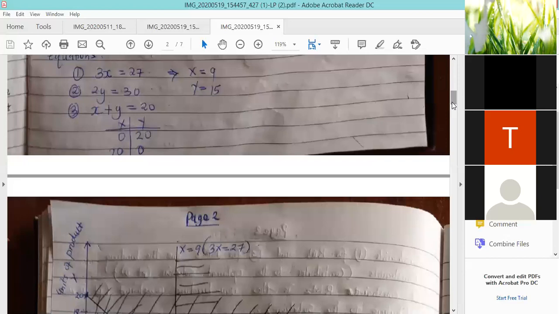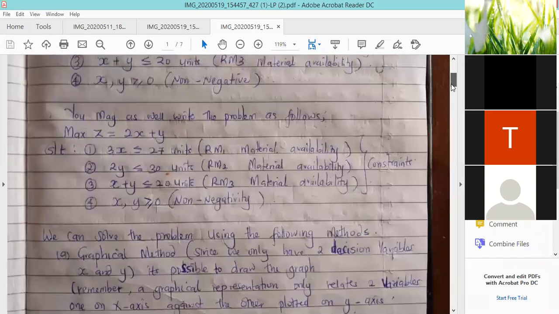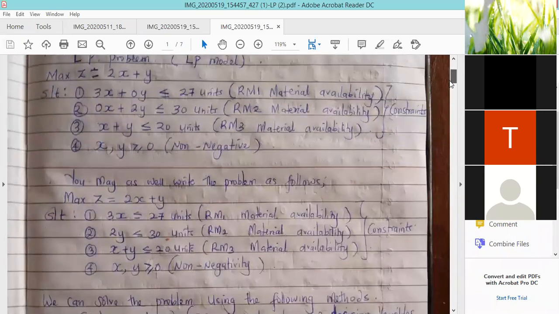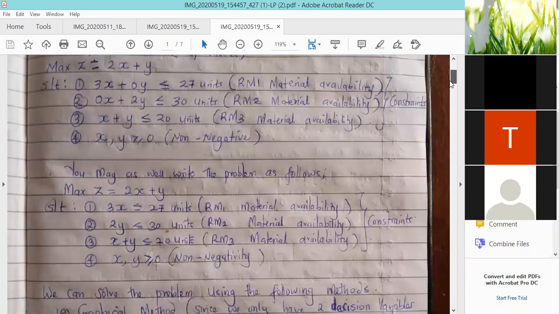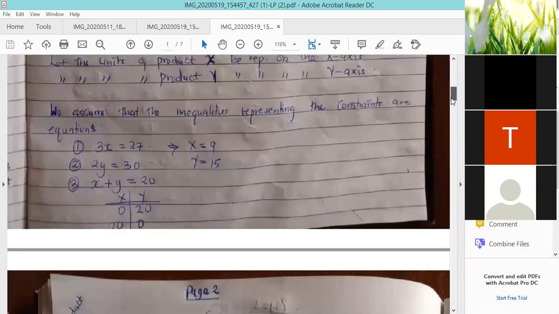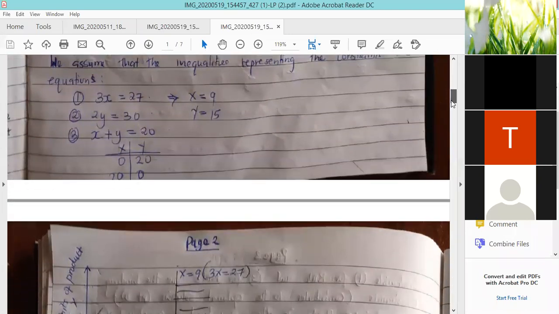For example, I started with the first one, 3x plus 0y less than or equal to 27, which we can still interpret as 3x less than or equal to 27. So now assuming that it is an equation, we just say 3x equals 27, and you can see there we only have x to find, which in this case comes to 9.